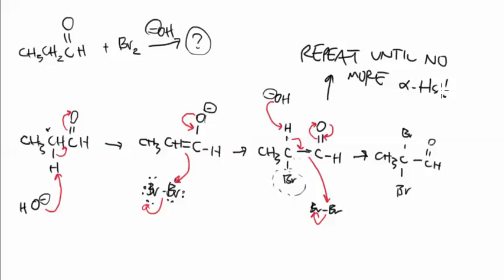These steps will repeat until every single alpha hydrogen is replaced by a halogen. Not only that, but every time it repeats, each repeat step is more rapid than the first.